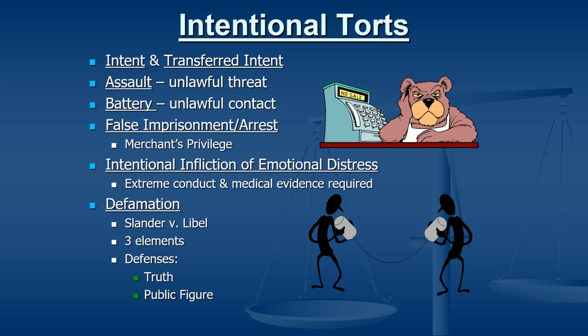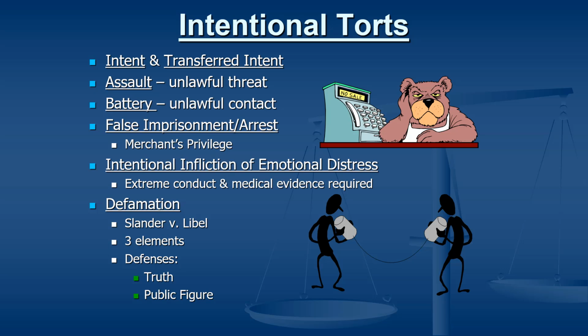But if you are a public figure, a celebrity, a politician, somebody who's put themselves out there in the public eye, then there's a fourth requirement. You have to show that the defendant acted with actual malice, that they actually intended to harm you or harm your career.